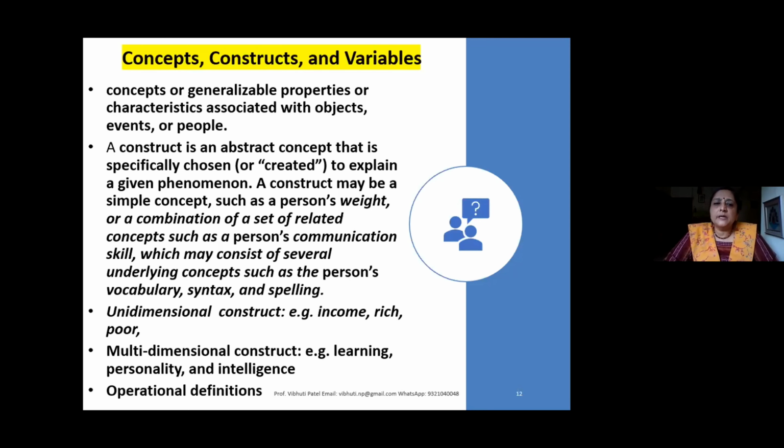Or a person's communication skill, which may consist of several underlying concepts such as your vocabulary, your syntax, your spelling, the kind of exposure you have, because your vocabulary develops in the environment you are in. So unidimensional constructs are, for example, income, rich or poor. Multidimensional constructs are, for example, learning, because learning can come in various ways. Learning can come from your grandmother's stories. It can come from the values which your parents are giving.